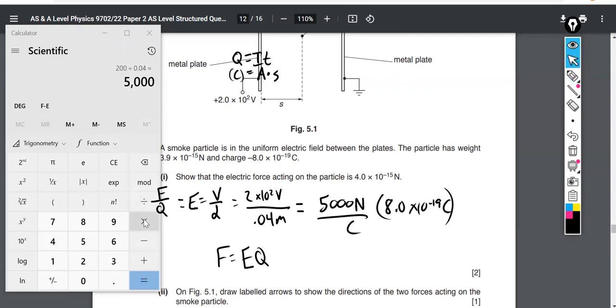So I've got the 5,000 still in my calculator. I'll multiply by 8 by 10 to the negative 19, to get 4 by 10 to the negative 15, which is what it said the force should be. Good.